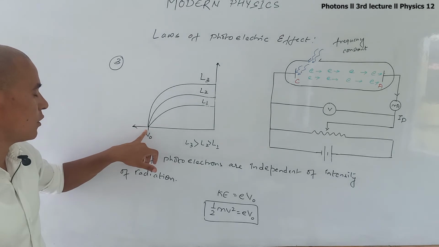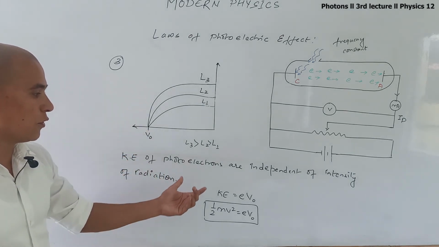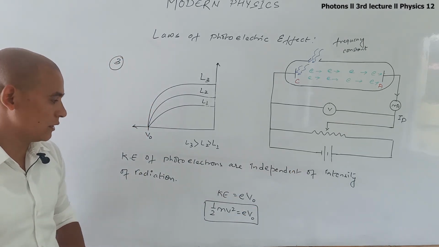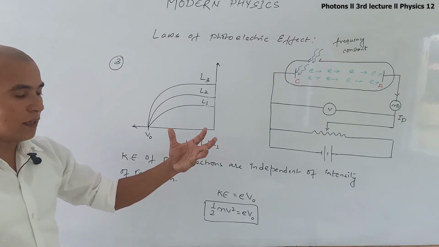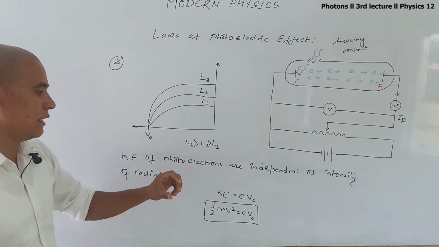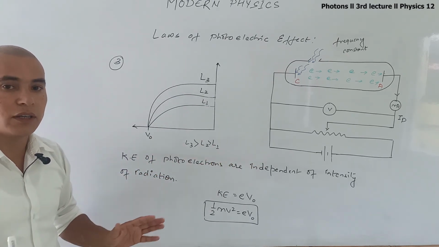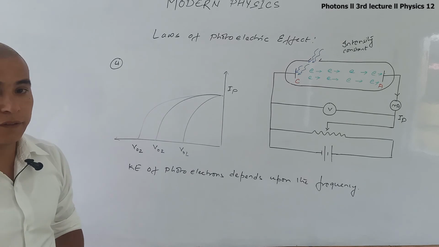So we can say the kinetic energy of photoelectrons is independent of the intensity of radiation. That means kinetic energy does not depend upon intensity, whether more radiation enters or less. The kinetic energy of photoelectrons is not affected by intensity. This is the fourth law of photoelectric effect.